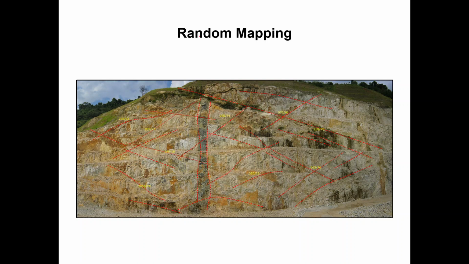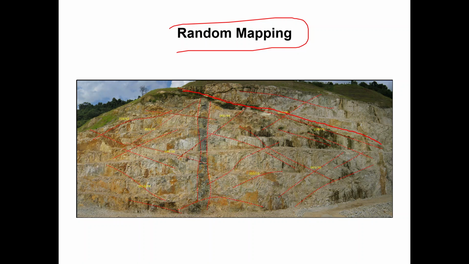So this random mapping that I said, you just map. If you see this outcrop, literally there are a lot of fractures, a lot of joints here, but they just map the critical ones. What does critical mean? The persistent, highly persistent ones, and also the direction of the potential discontinuity to fail.